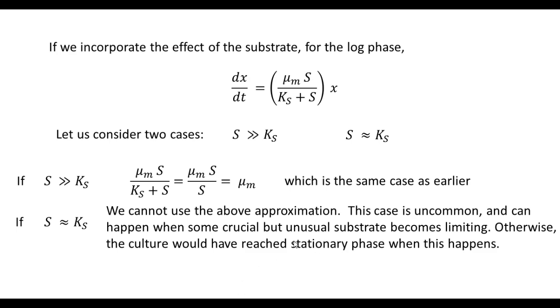Otherwise, the culture would have reached stationary phase when this actually happens. That's in the batch, you typically make sure that you have enough substrate. But there are situations when this can arise, and this also has great relevance in the continuous bioreactor analysis. So let us start looking at it here where it has some application, and then picking it up for the continuous case becomes a little easier also.